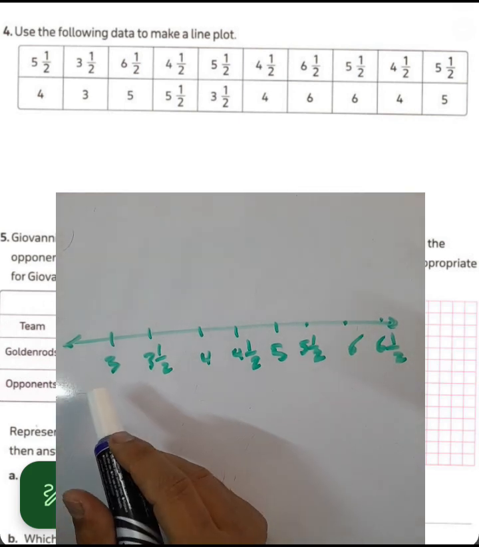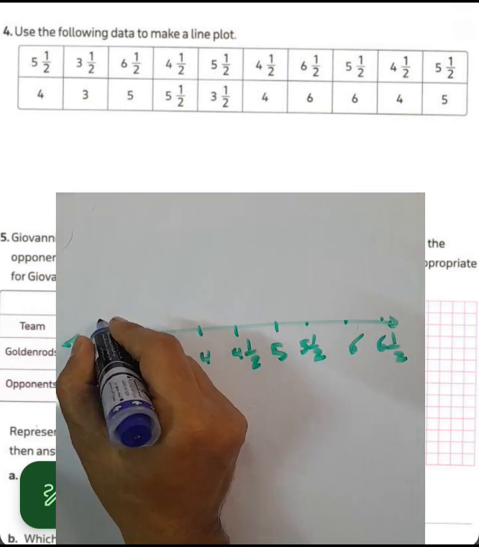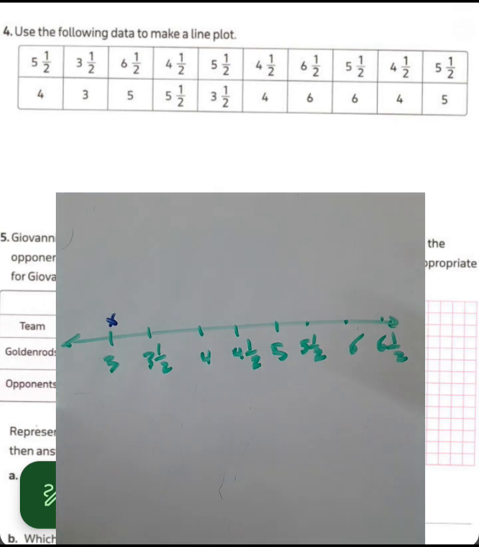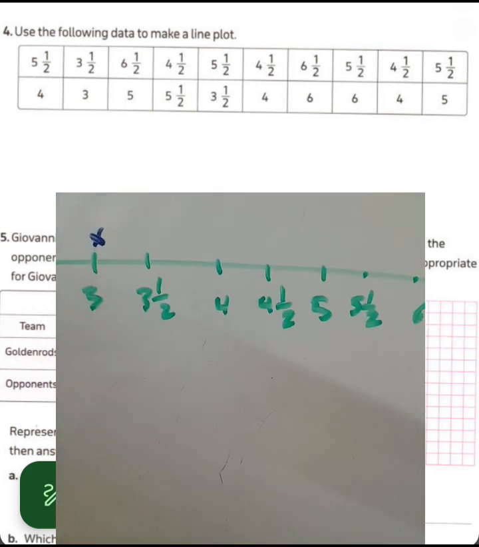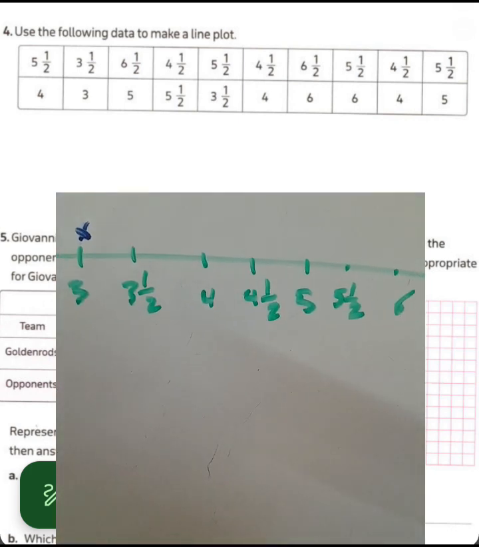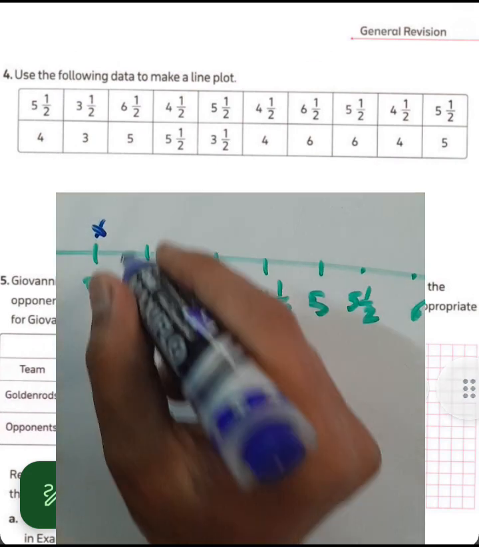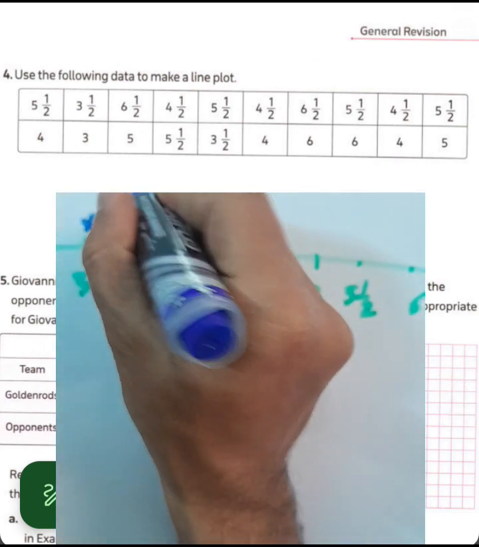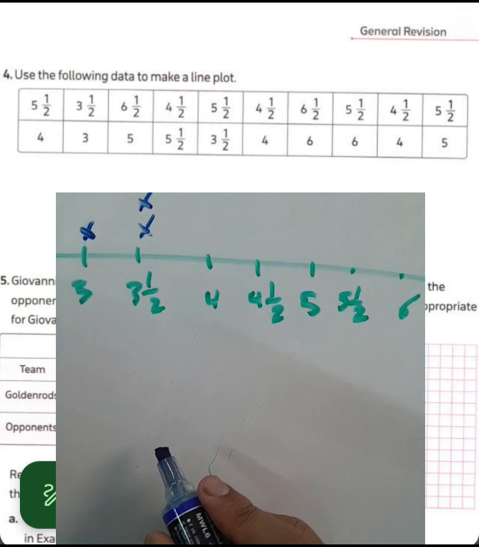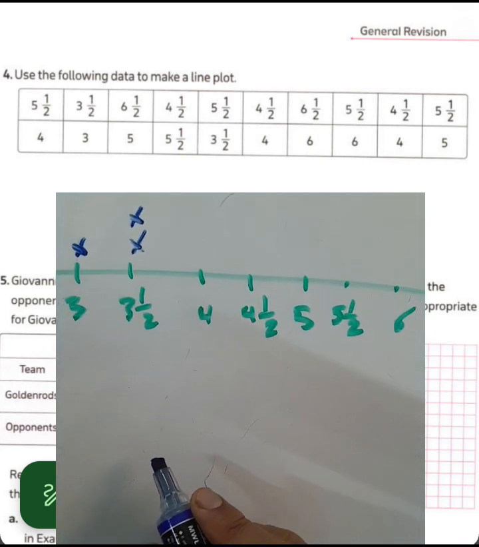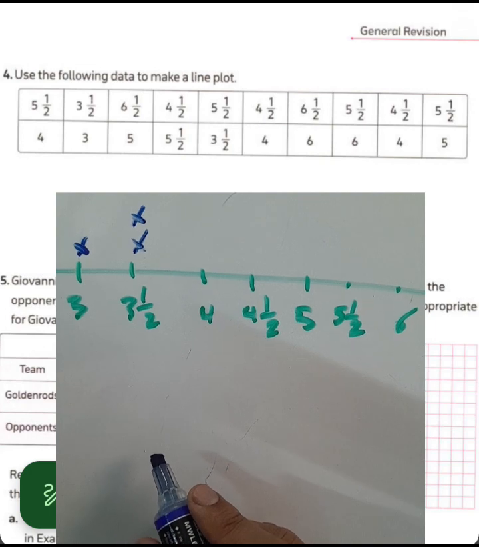Count with me. How many 3s are here? Only 1. And 3.5 repeating 2. 4 was repeating 3.